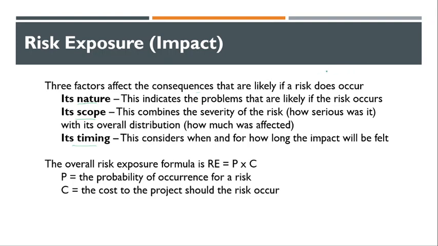Then the scope combines the severity of the risk, that is, how serious it was. And then its timing considers when and for how long the impact will be felt, that is, how long it will still remain there.